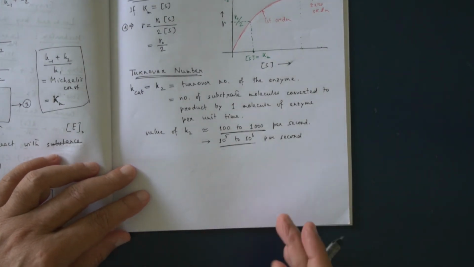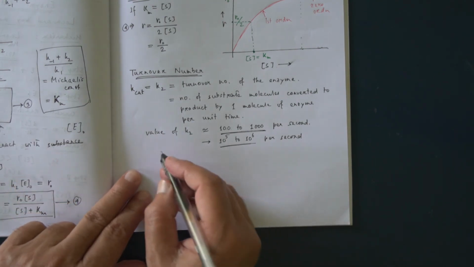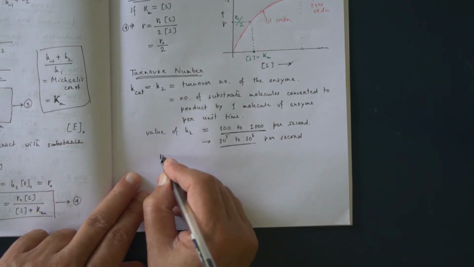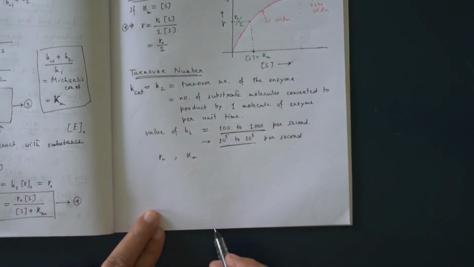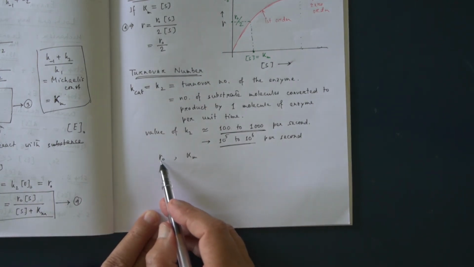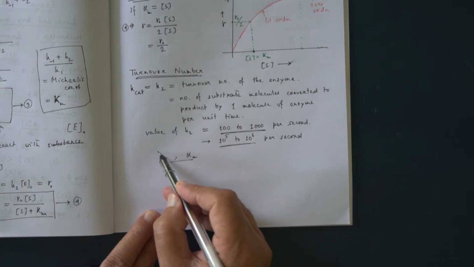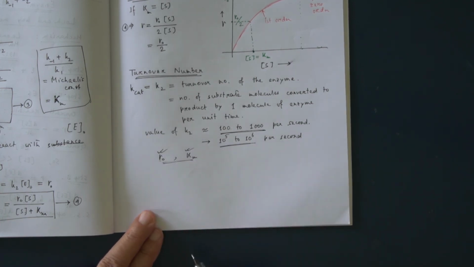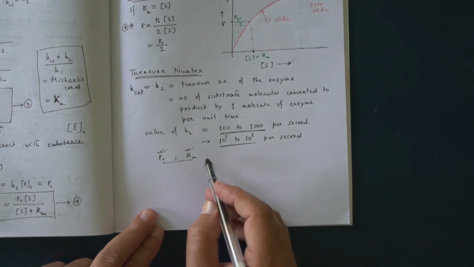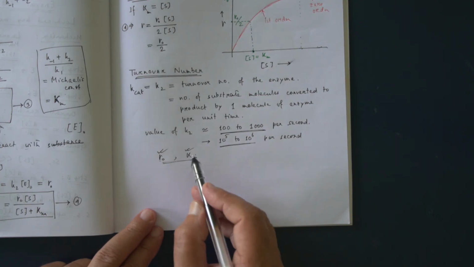Now in the Michaelis Menten equation we have r naught and Km. How to find out the values of r naught and Km, the Michaelis constant?